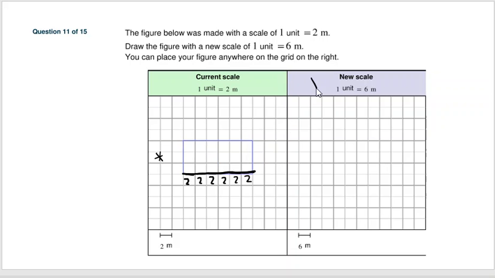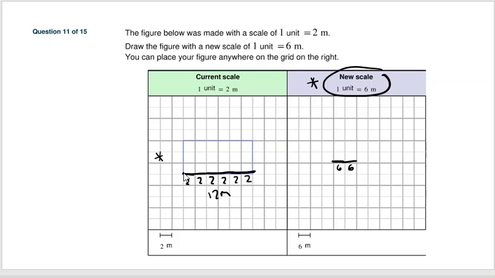So if we are going to draw this same figure using a new scale where 1 unit equals 6 meters, well, we just said that we needed to have 12 meters total. So that means our new drawing would just be 6 and 6, okay, for the base of our rectangle.